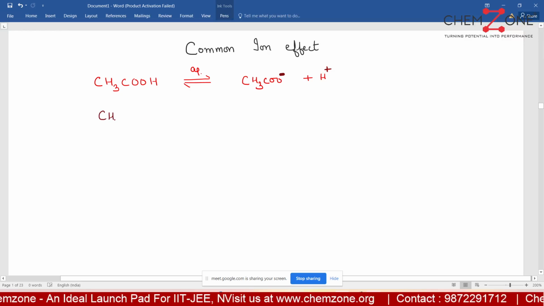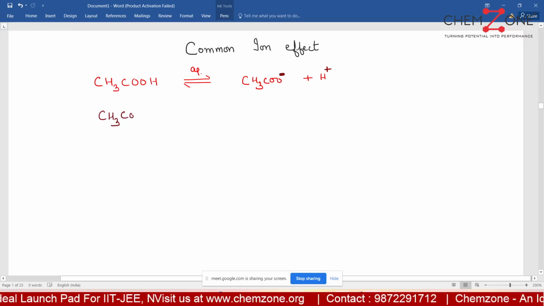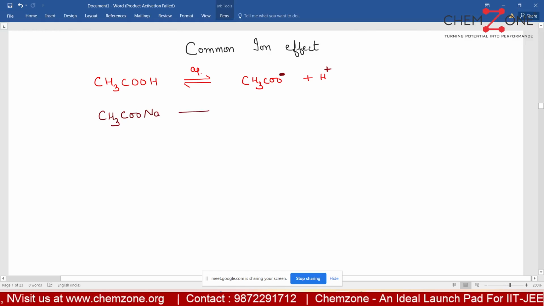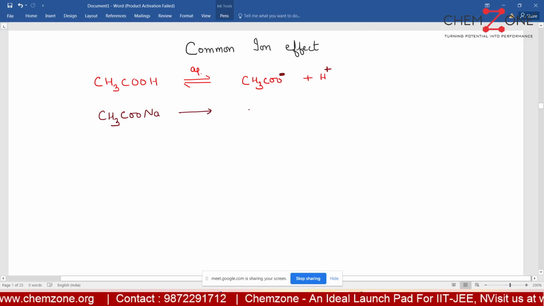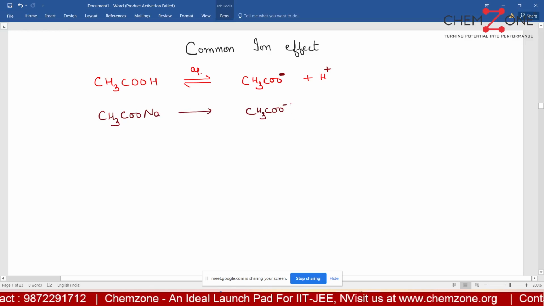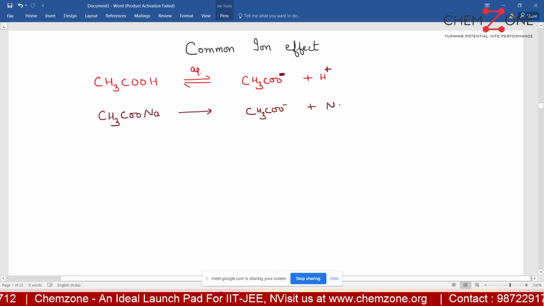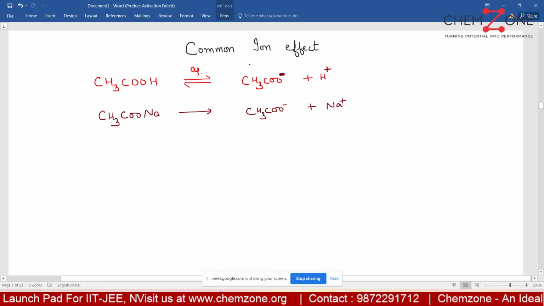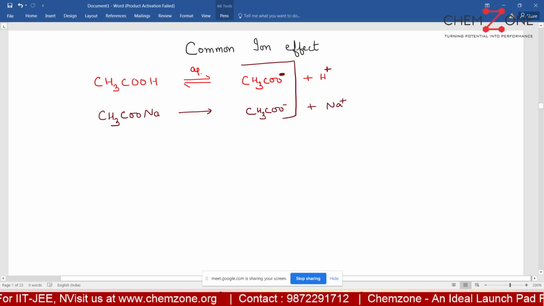Now I'm adding sodium acetate, that's a strong electrolyte, undergoing complete dissociation. But between the two, there is one thing common, that is the acetate ion.